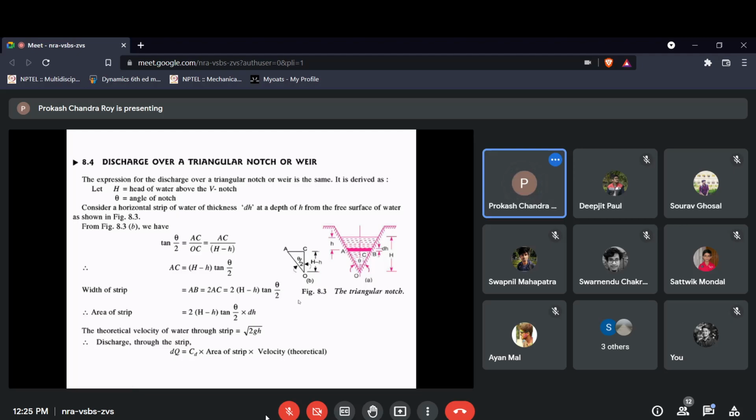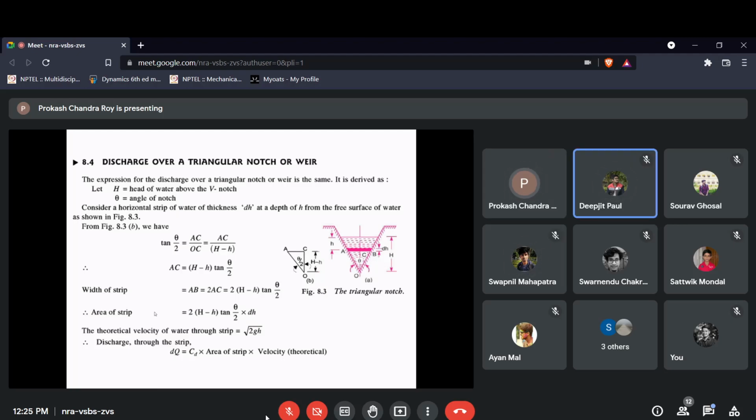Now the area of the strip is the width multiplied with the thickness. So understood how we are getting the width and the area of the strip? Yes, sir.